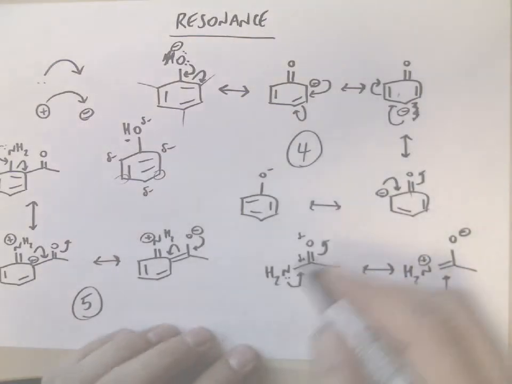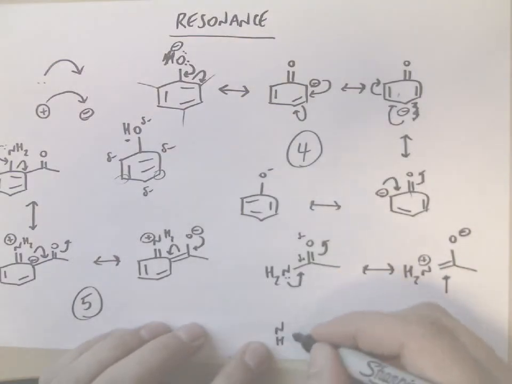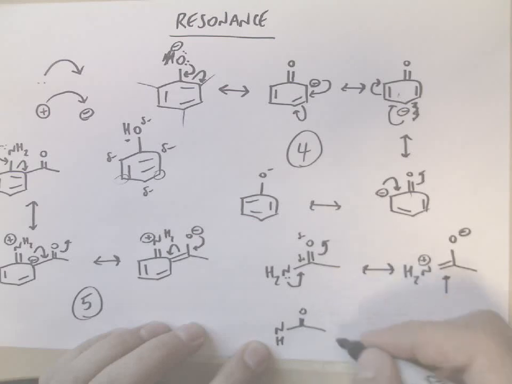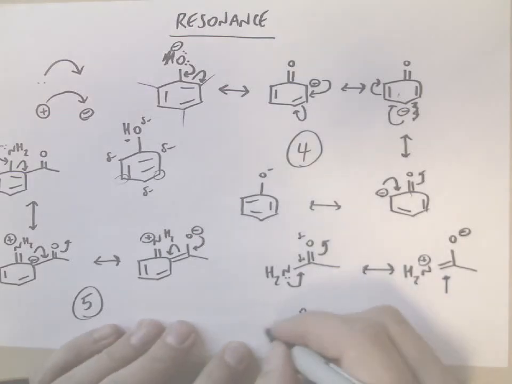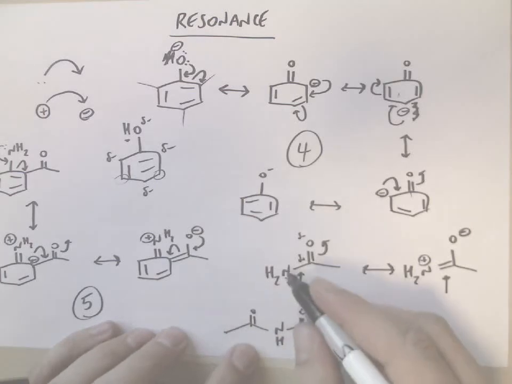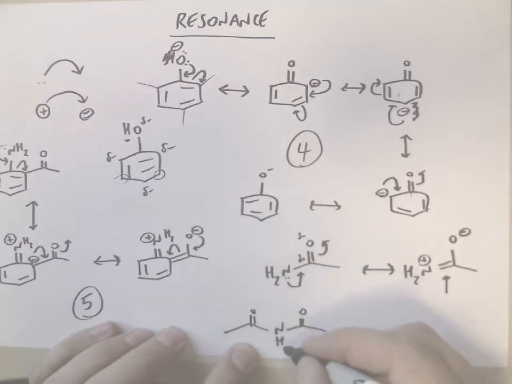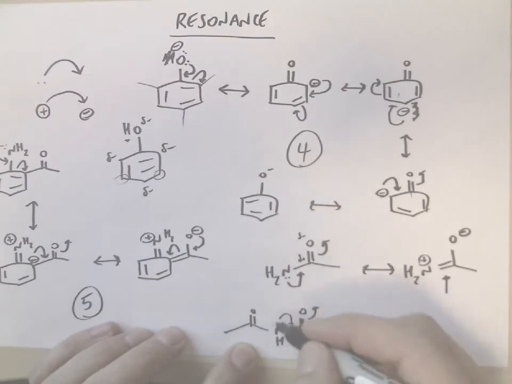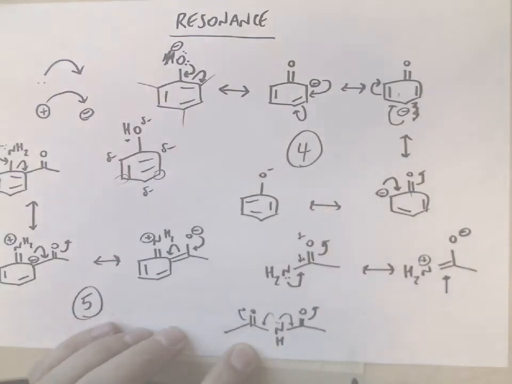And so if we continue the argument further, if we have another simple amide, or this case is not an amide, it's a different functional group. If we formed a negative charge, then that negative charge or the lone pair of electrons can be pushed onto this carbonyl and onto this carbonyl in two separate resonance structures.